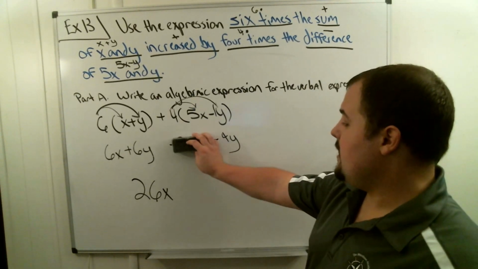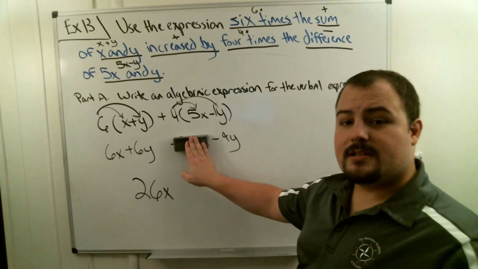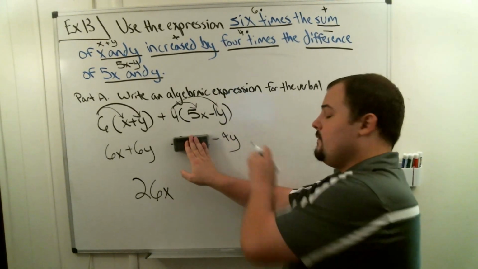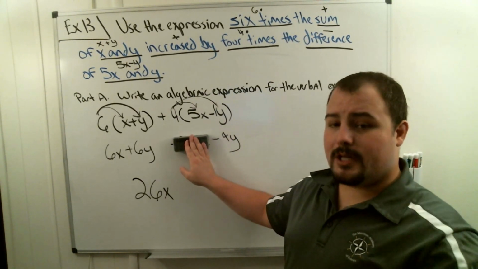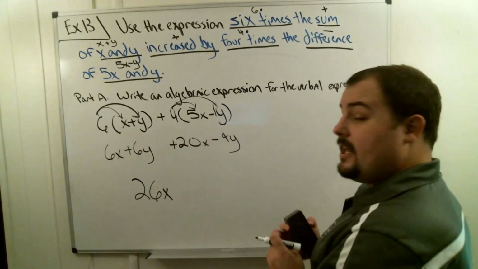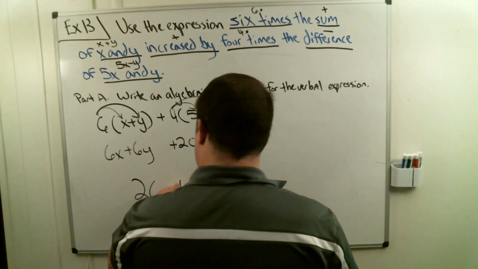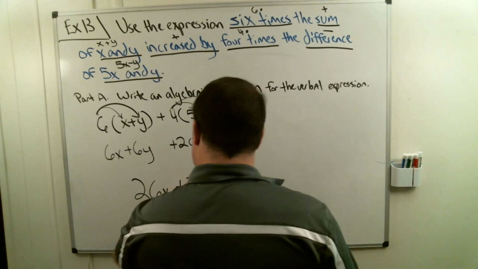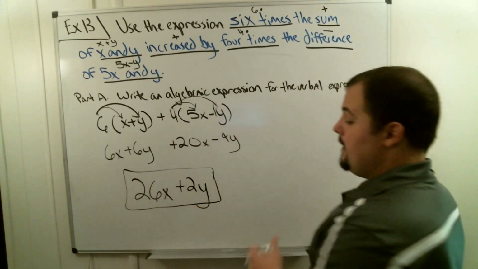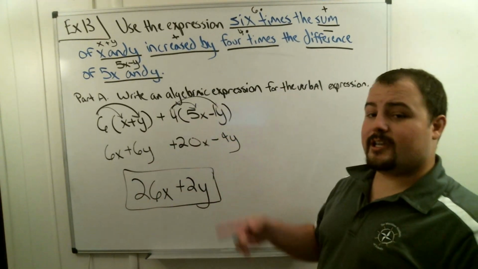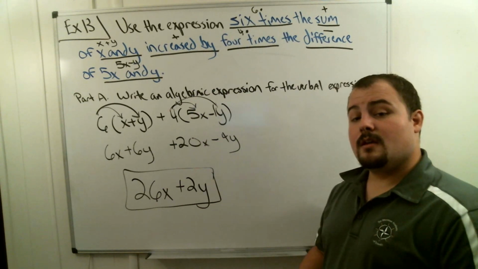I'm going to cover up 20x, and now it says 6y minus 4y. 6y's minus 4y's is 2y's, a positive 2y's. So I'm going to write positive 2y's. This is the simplified form of this really long expression that we wrote earlier.